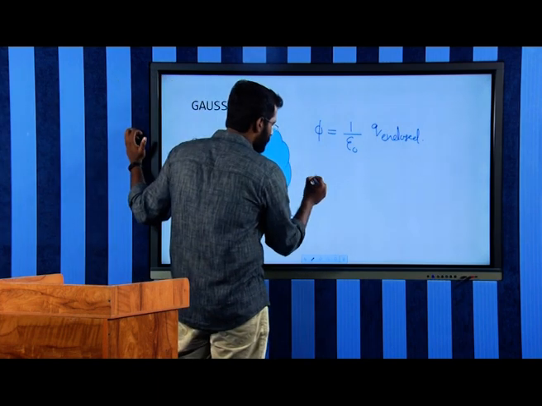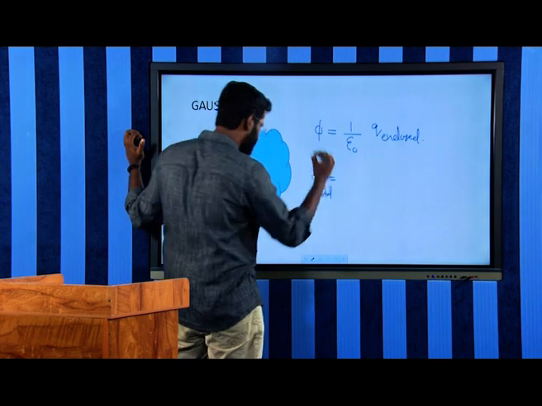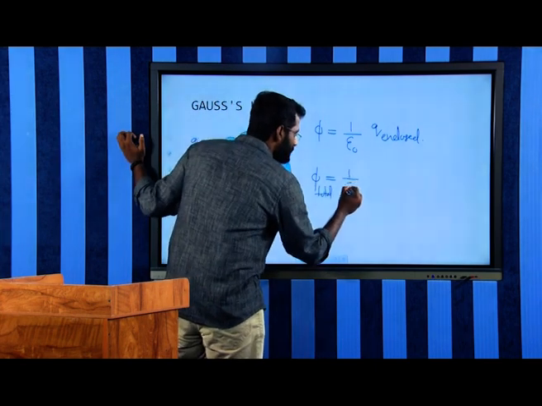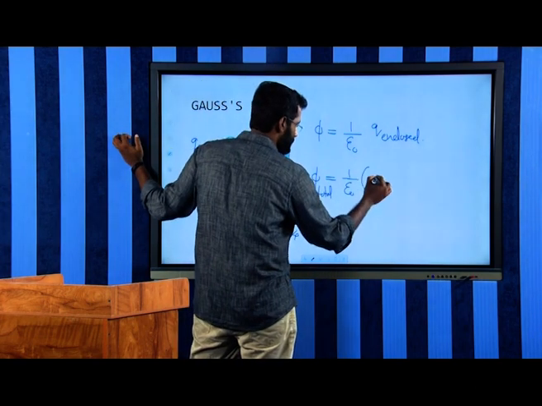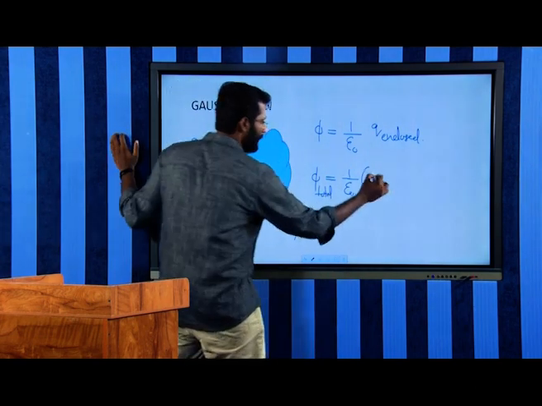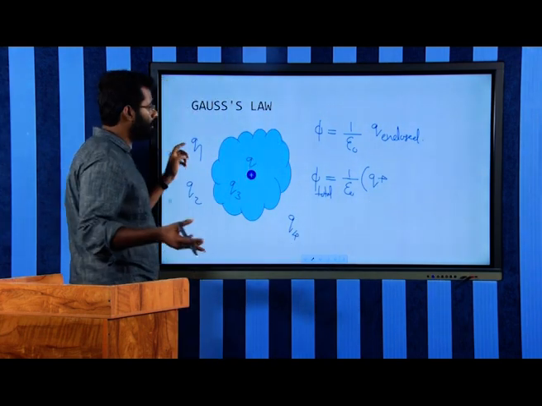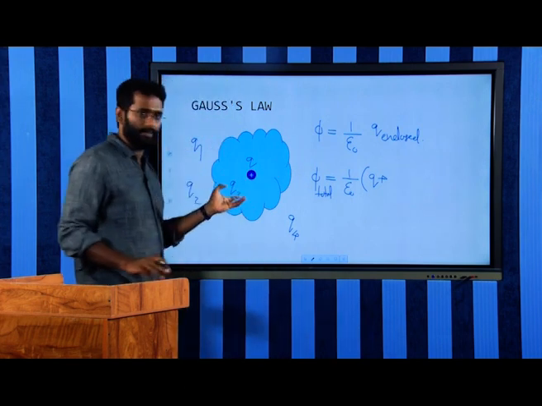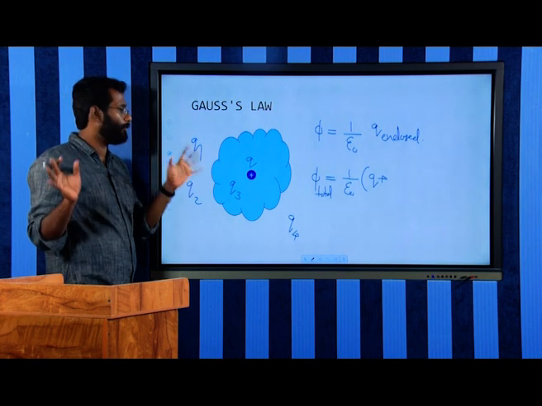If we write the Gauss's law, the total flux phi is equal to 1 by epsilon 0 times the charges. What are the charges here? That is q, which is inside, plus there is q1. You don't need to consider q1. Why? Because it is outside the surface.